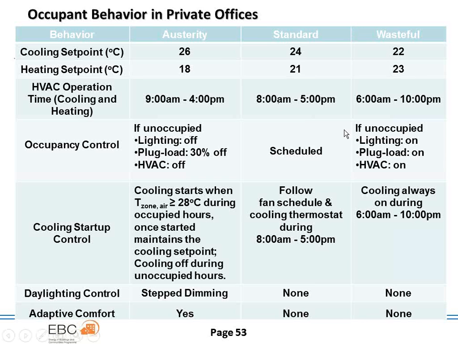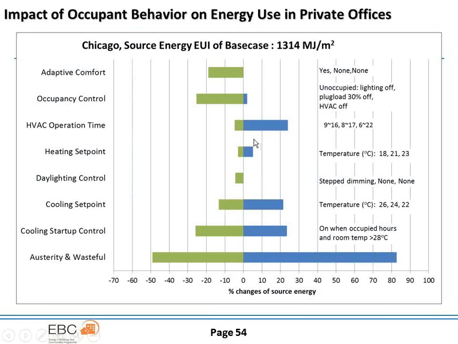But anyway, if we package all these three lifestyles and then do a simple simulation, we take the standard behavior lifestyle as the reference. The adaptive comfort result here is the total source energy, in Chicago.